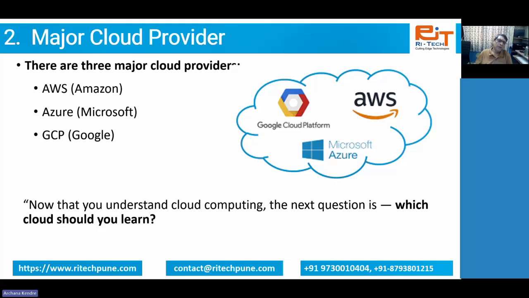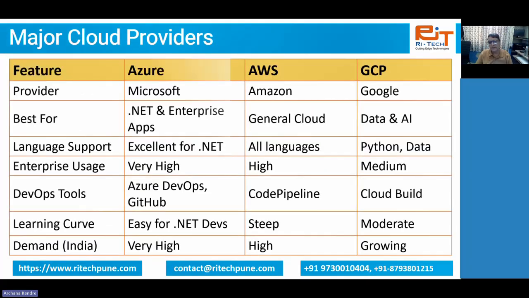Fine. Now, which one should we go for? Let us compare all these three providers. Who is the company behind them? Behind Azure we have Microsoft, behind AWS we have Amazon, and behind GCP we have Google. Now, Azure is designed by Microsoft, so it's a Microsoft cloud.